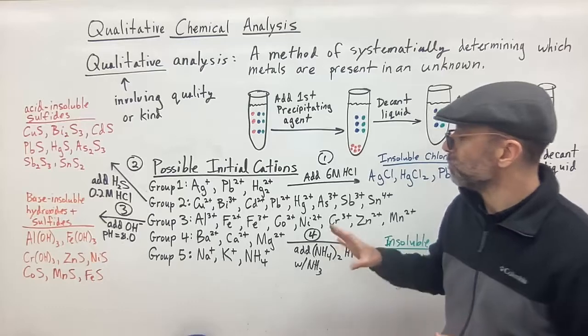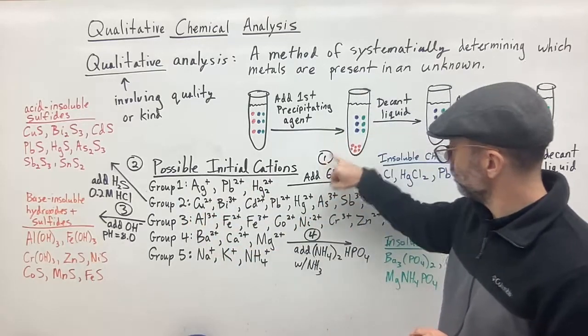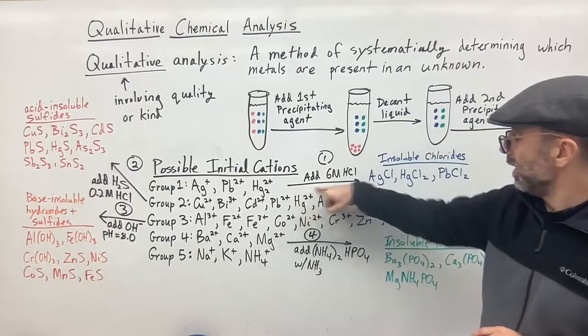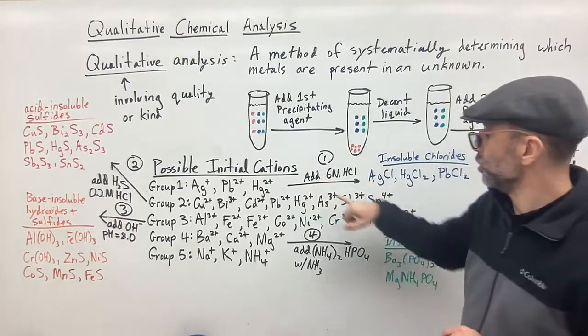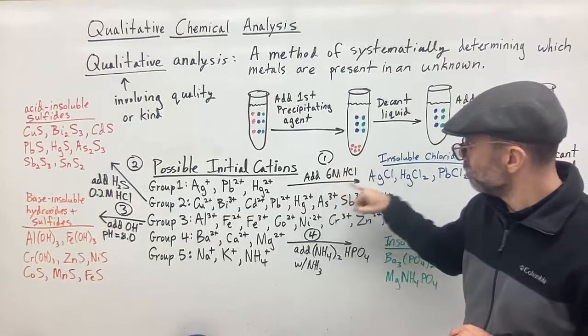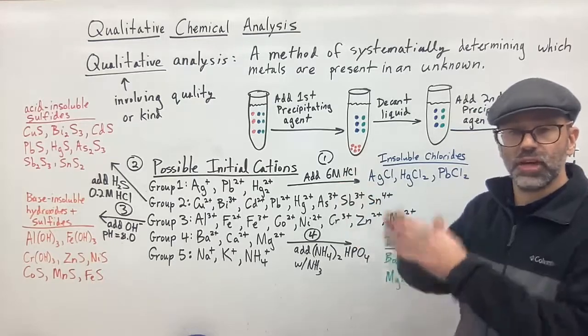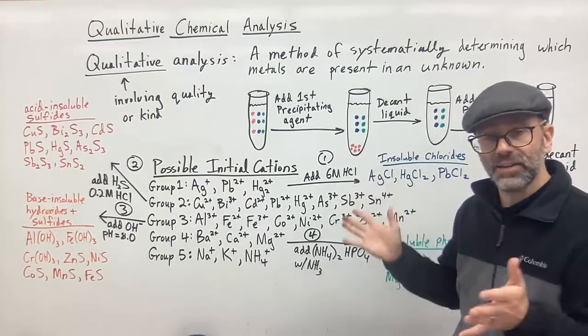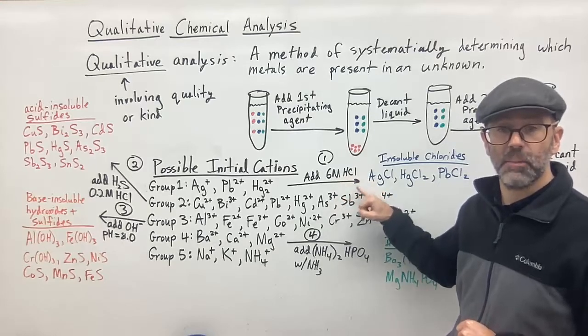For example, the first thing I might do is, number 1 here, add 6 molar HCl. This is a strong acid. It's going to ionize completely in water, so I'm going to have H plus and Cl minus.